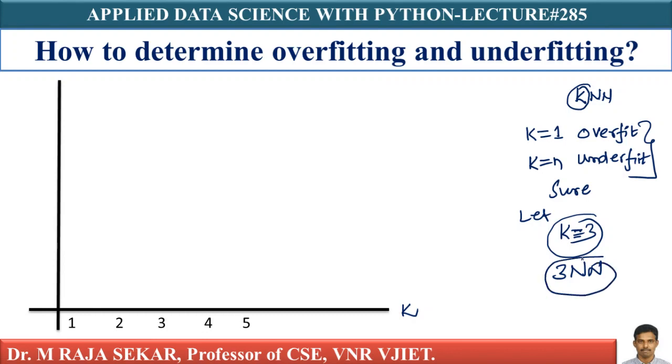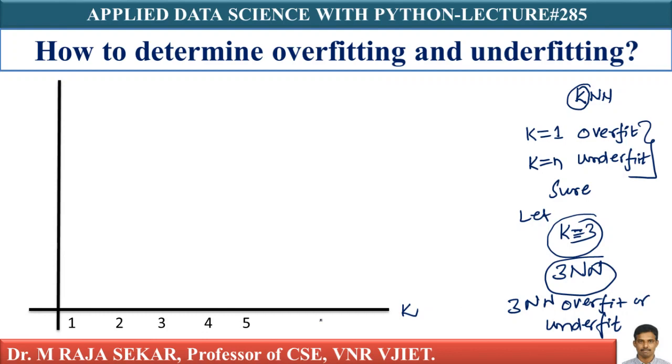Now I want to ask an important question: is my 3NN overfit or underfit, overfitting or underfitting? That I must determine. It is a very valid question, isn't it? Let's try to answer whether 3NN is overfit or underfit.